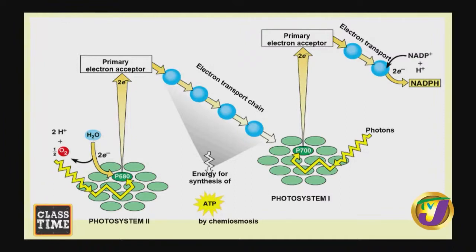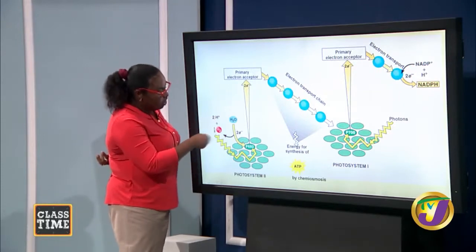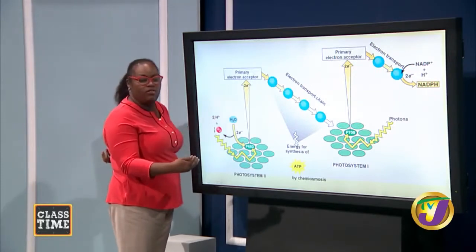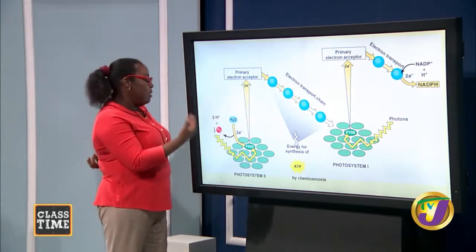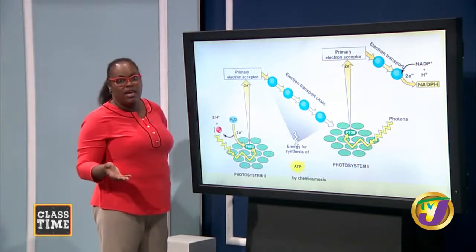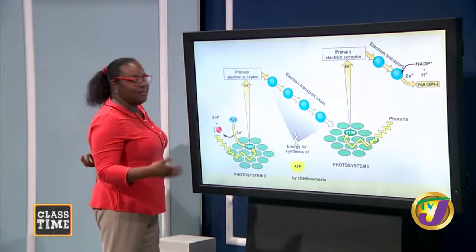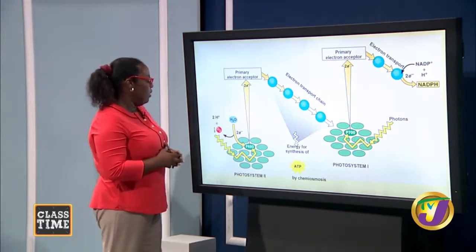So what happens is water is split into hydrogen ions, and oxygen gas will eventually be made when enough water is split, because obviously this is happening millions and millions of times in each chloroplast, in each cell, in each of the leaves in a plant. So it's a lot of reactions going on.